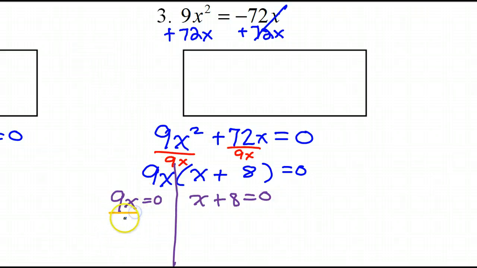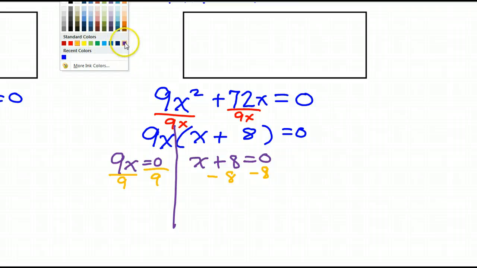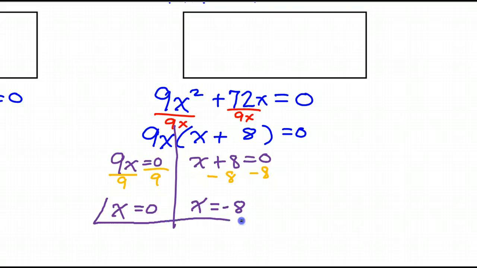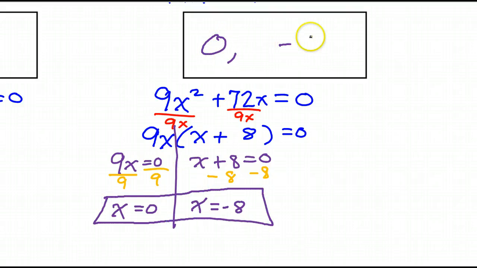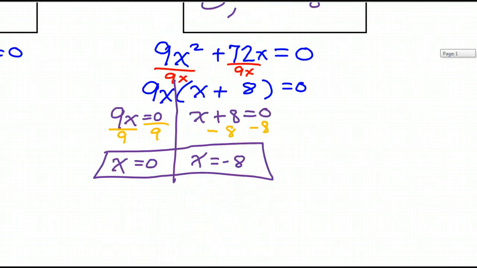If I divide both sides by 9, and here if I subtract 8, that's going to give me x equals 0, and this is going to give me x equals -8. So that's 0, and that's -8. So that was number 3.